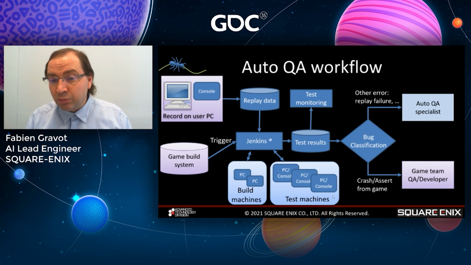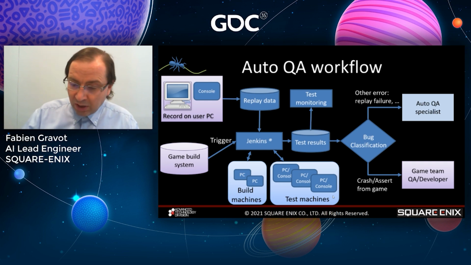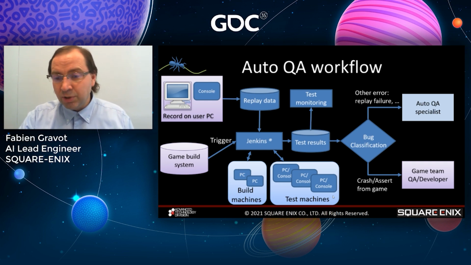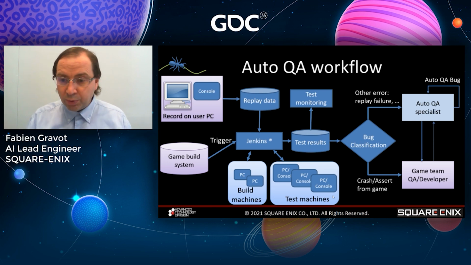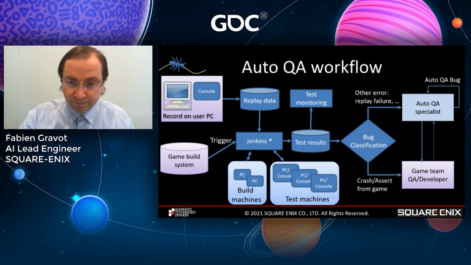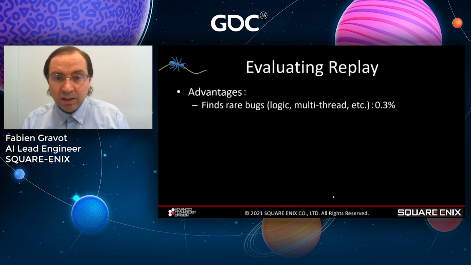So you may have some replay failures that can be, in fact, a change in the data that is too strong for us to be able to cope with. So we need to re-record the data. It can also be some problem in our own workflow. So we will try to analyze it and debug it. And we will report what we need to do to the other teams.